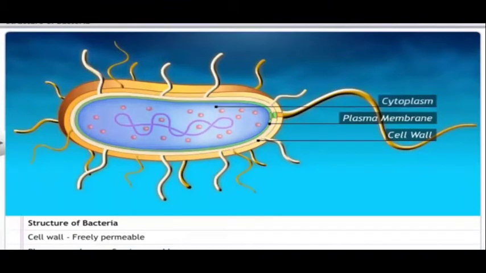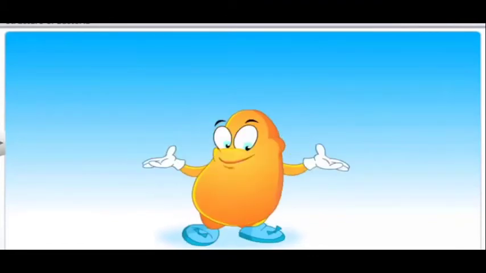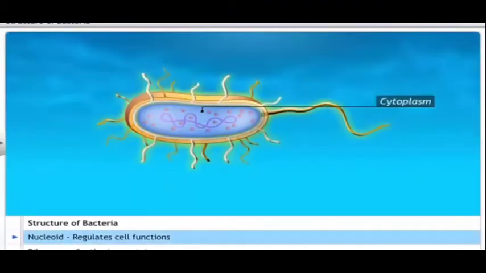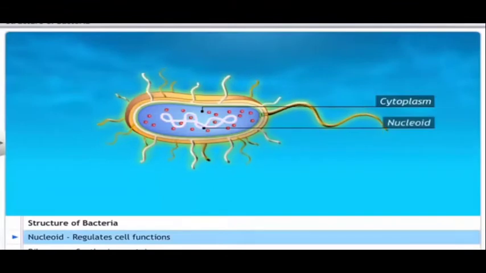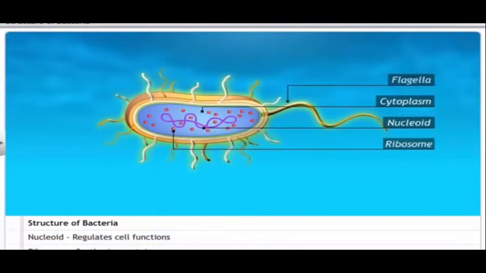The cytoplasm is a clear, thick, jelly-like material that forms the seat for all the cell functions. Let's take a closer look at the cytoplasm. The cytoplasm contains the nucleoid, ribosome, and flagella.